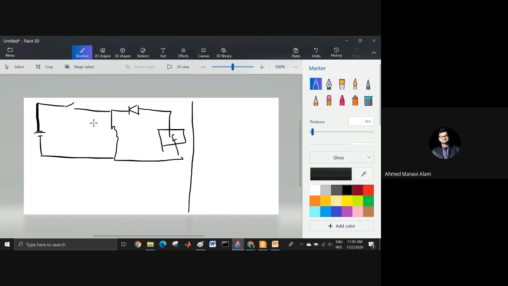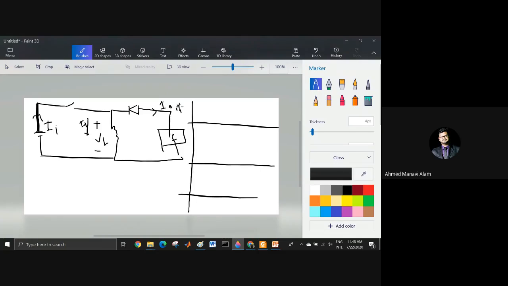Okay. This one was my VL. So the current going here is my IL. The current going here is my input current. The current going here is my output current. Now, three parts.